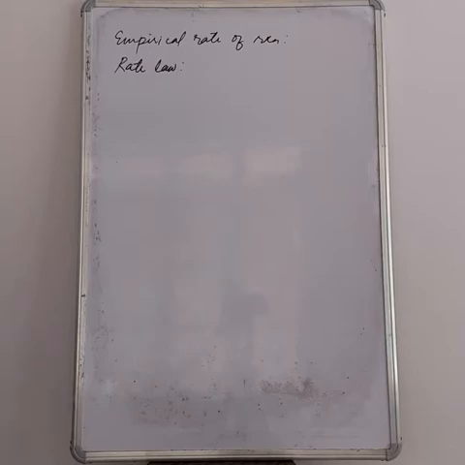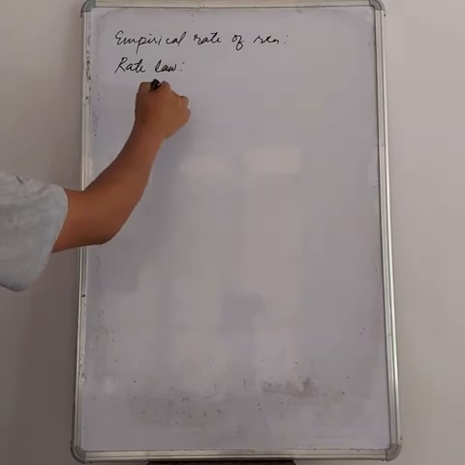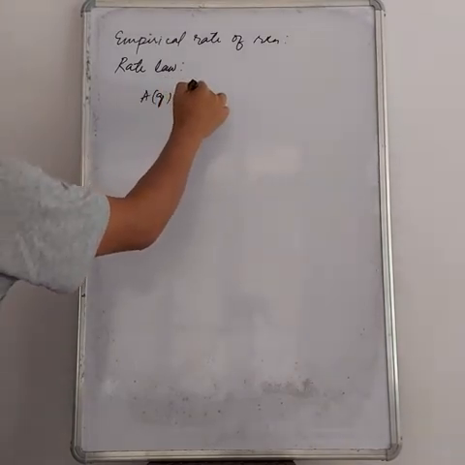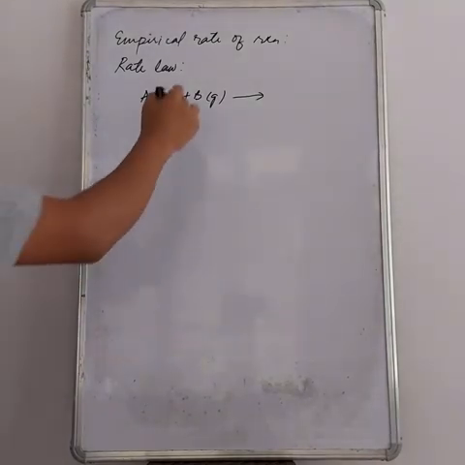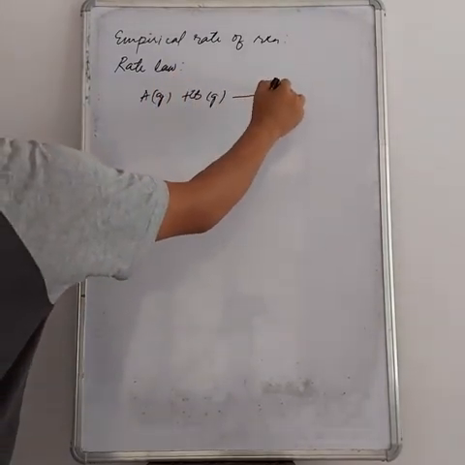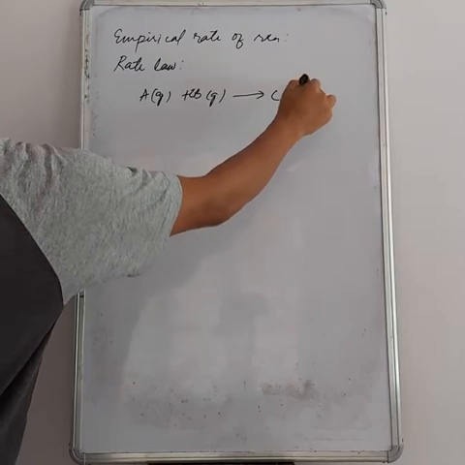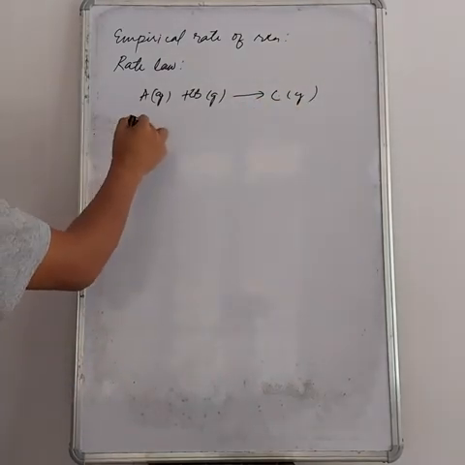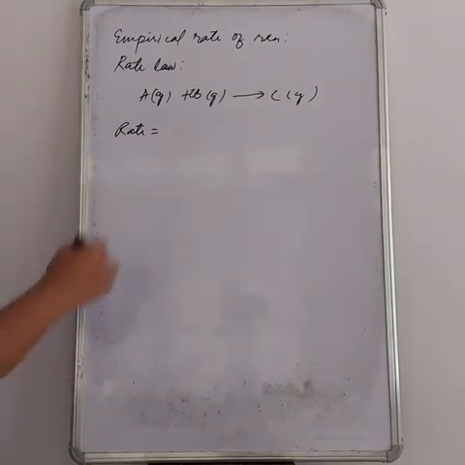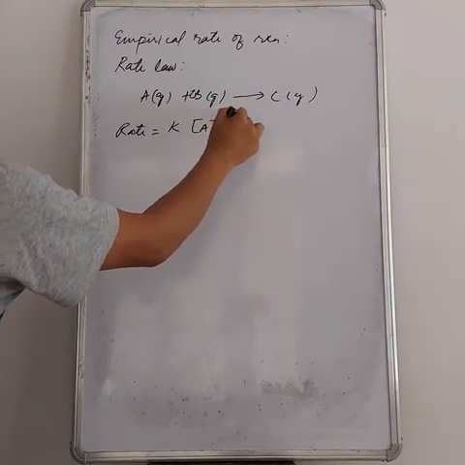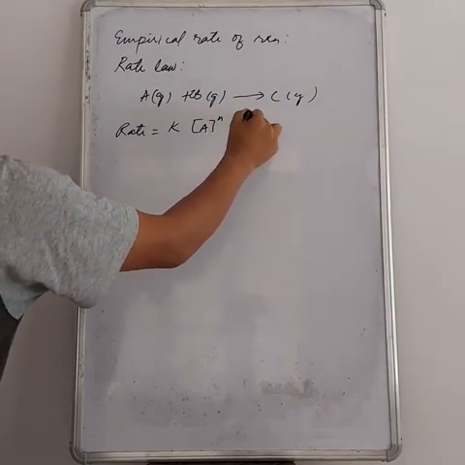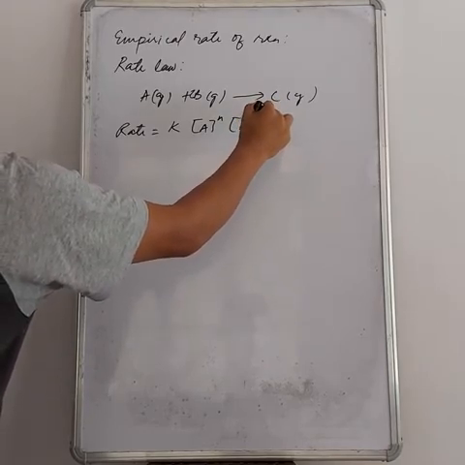So suppose there are two reactants giving us a product. So the rate, we've already discussed, is k A to the power n, B to the power m.